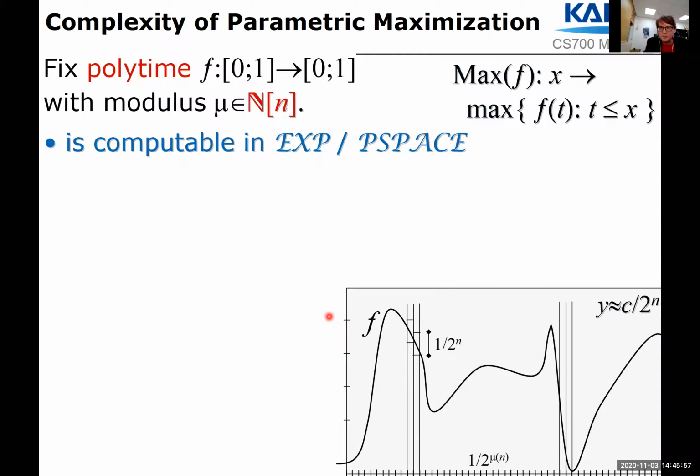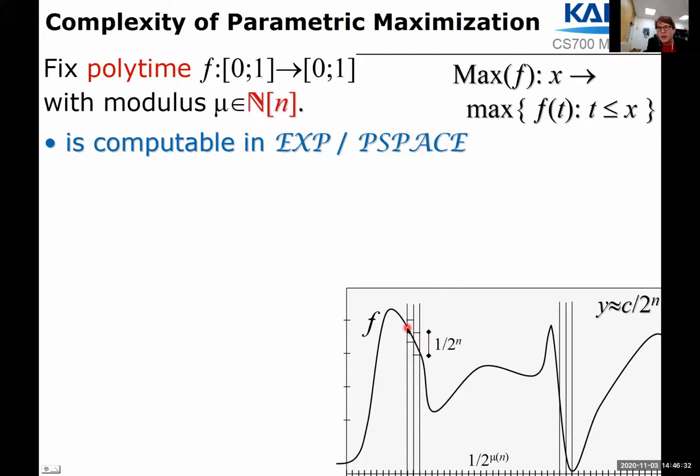And remember, this is a polynomial modulus of continuity, and our algorithm will now evaluate the fixed function on each of these subintervals at some point, midpoint or left point, doesn't really matter. And because mu is a modulus of continuity, that means that within each of these subintervals, the value of the function will vary by no more than 2 to the minus n.